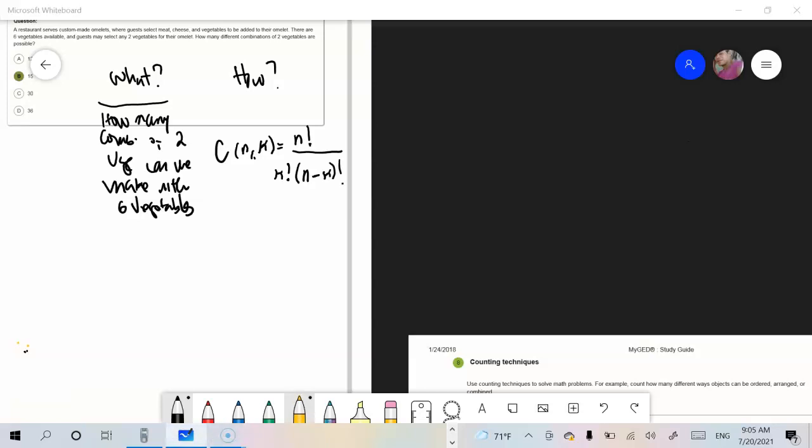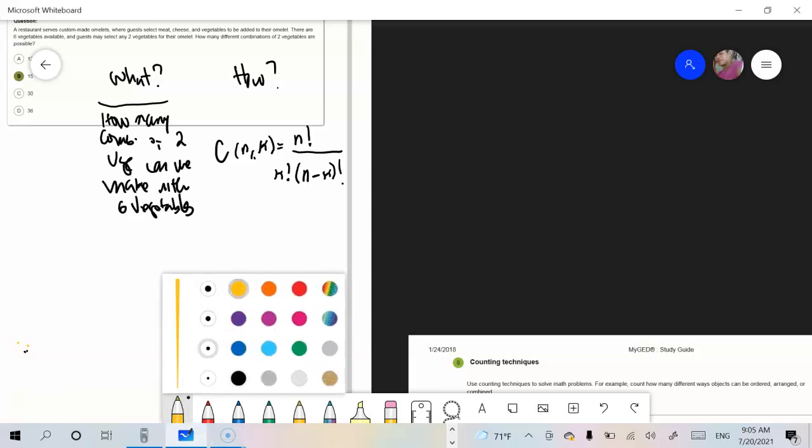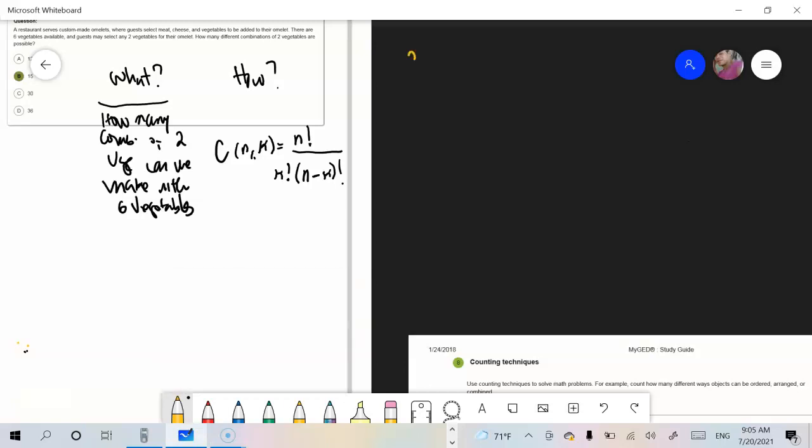I'm going to write the formula on the right, and I will explain what is what. C(n,k) is equal to n factorial over k factorial multiplied by (n minus k) factorial.